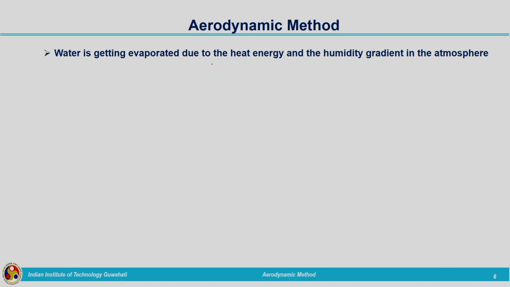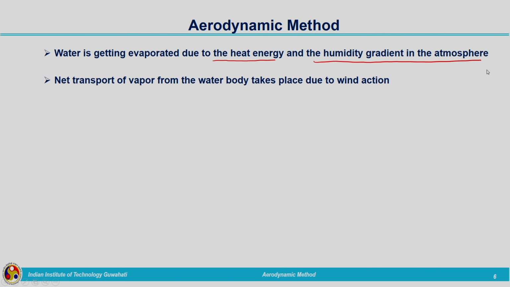We know already what is getting evaporated due to the heat energy and the humidity gradient in the atmosphere, and due to the action of wind, the transport of water vapor is taking place. So, net transport of water vapor from the water body is taking place due to wind action. So, three important factors: heat energy, then comes the humidity gradient and wind velocity gradient.